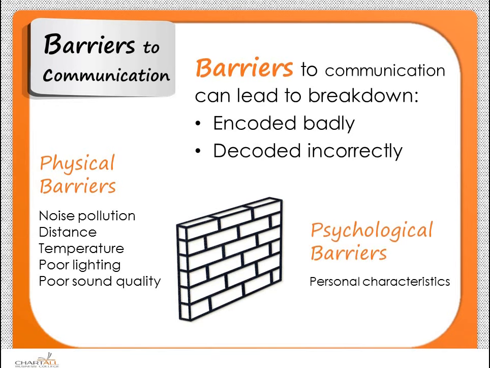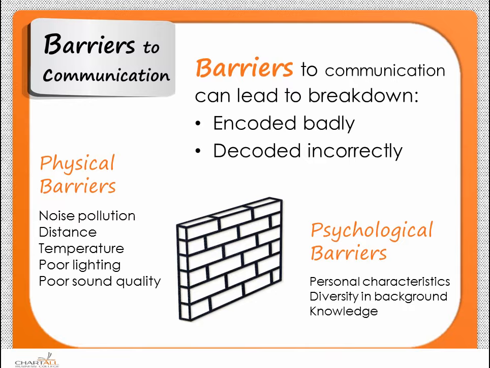Sometimes we have personal characteristics of the sender and the receiver. For example, maybe the age of the sender and the generation gap, the gender or race or social class, because different people communicate differently. Background could play a role.